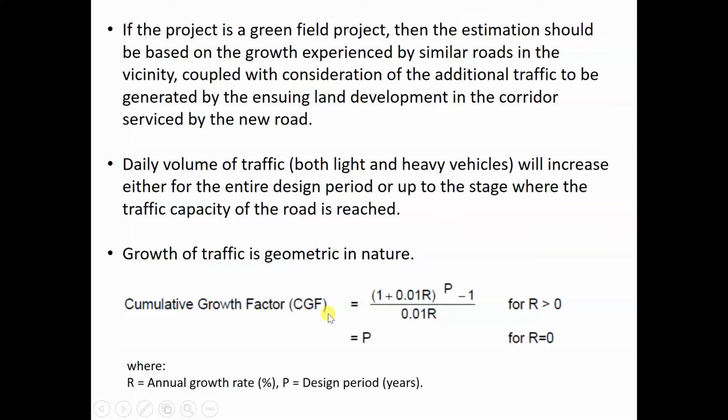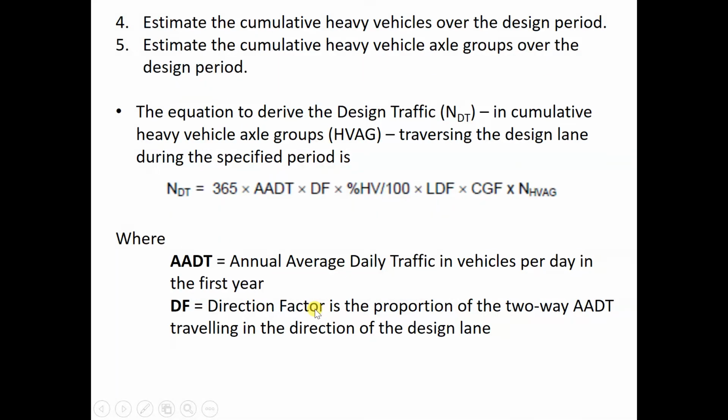We want to find out the growth of the traffic, and P is the design period. So from this one we can get CGF, the cumulative growth factor. And then this one will take care of what percentage is the heavy vehicle out of the total.